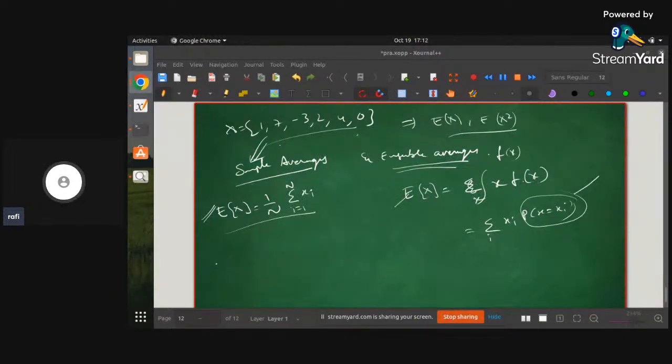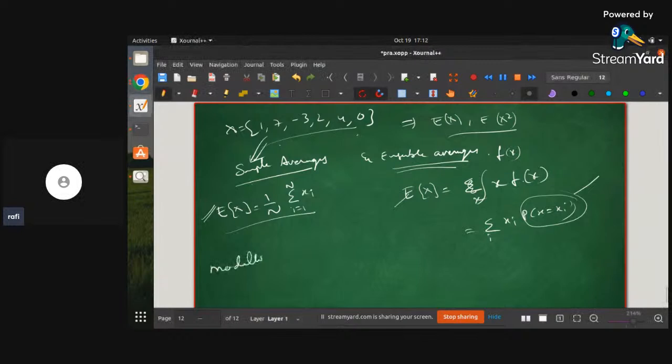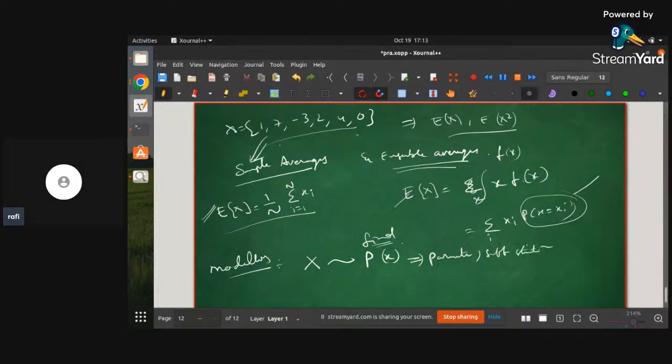So in modeling, you have the data, and the data follows some distribution p of x. You need to find this p of x from the data, and if this p of x has some parameters or sufficient statistics, this is called parametric modeling.